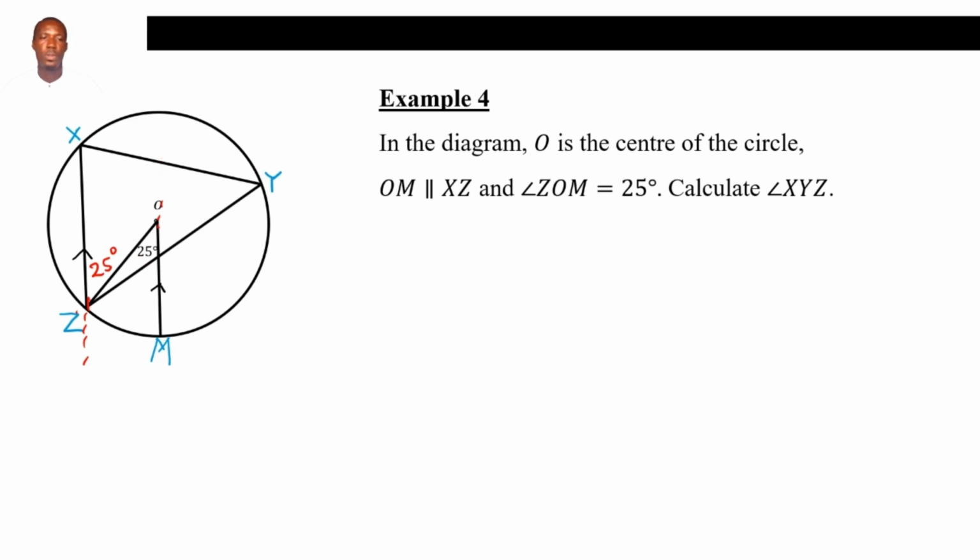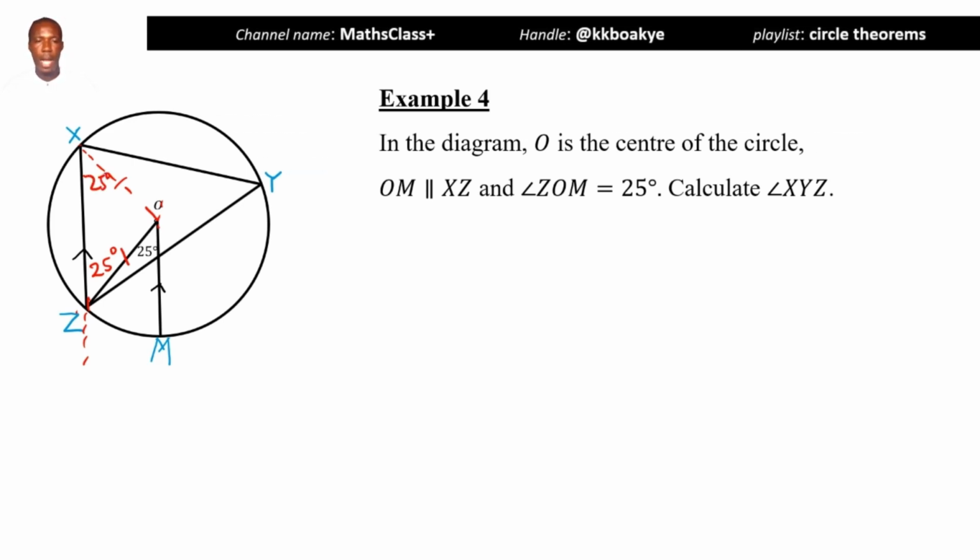Also, let's draw a line XO. You see that we have XO and ZO being equal. So the base angles of this triangle ZOX are equal. So here will be 25 degrees.